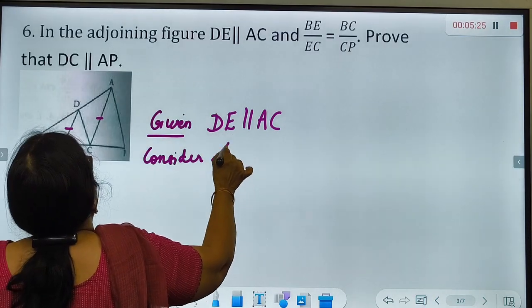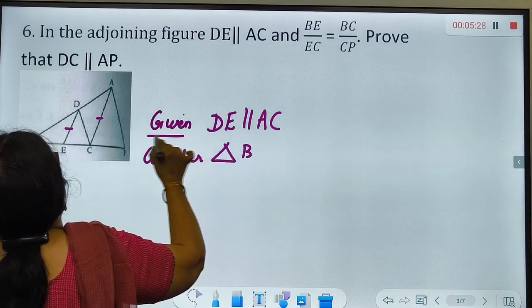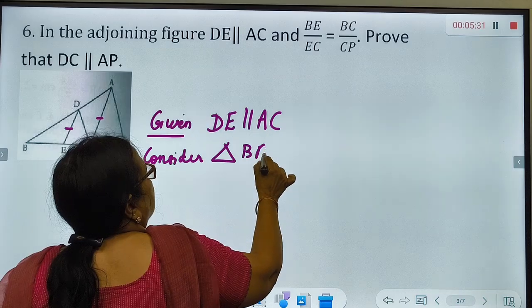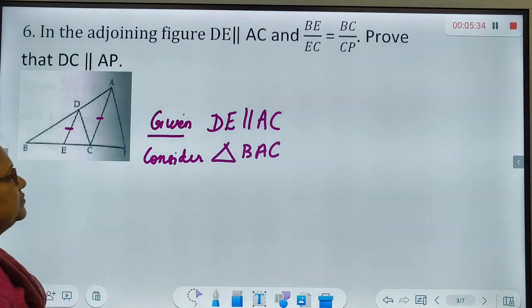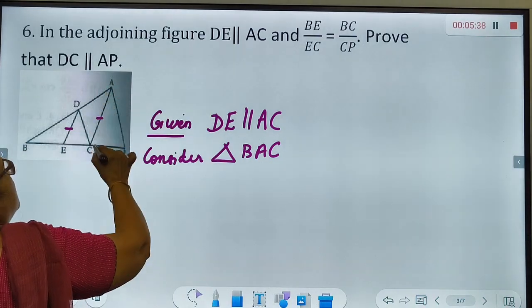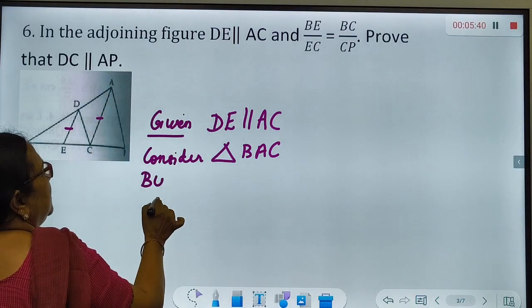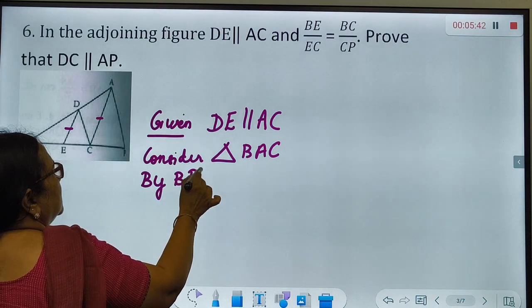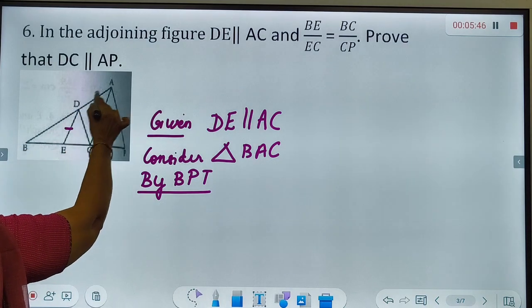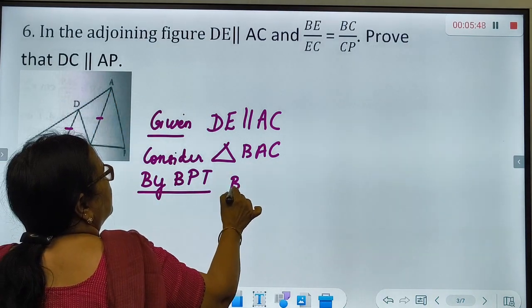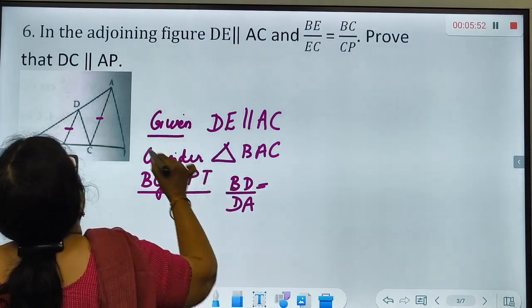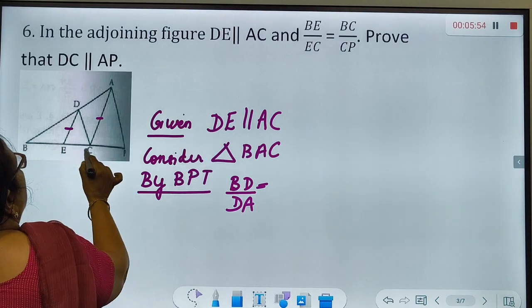Consider triangle BAC. In that, DE is parallel to AC. So by BPT, what will you get? BD by DA is equal to BE by EC.